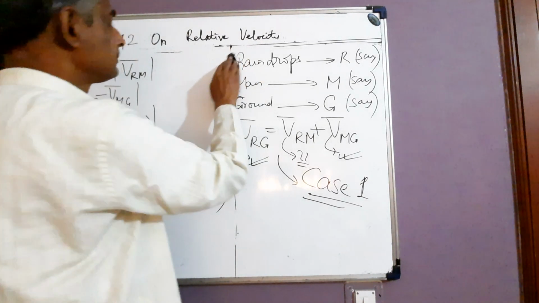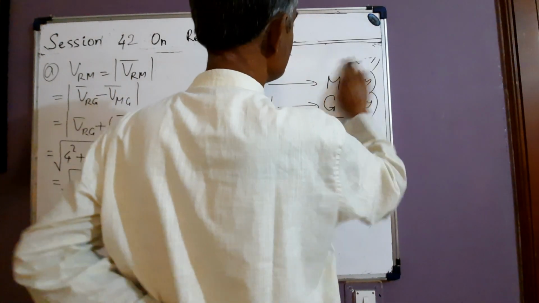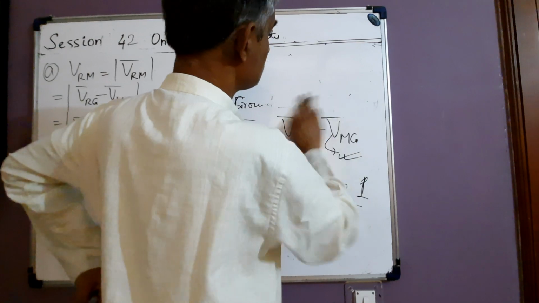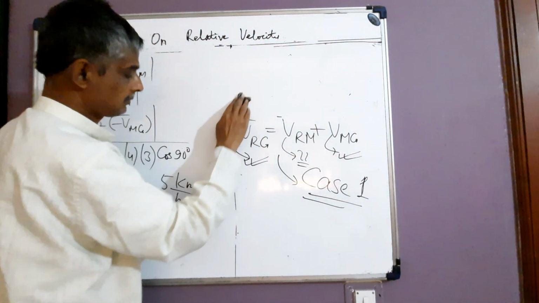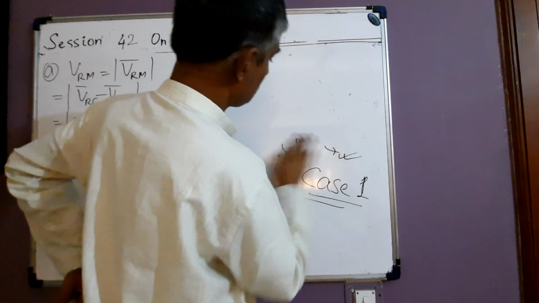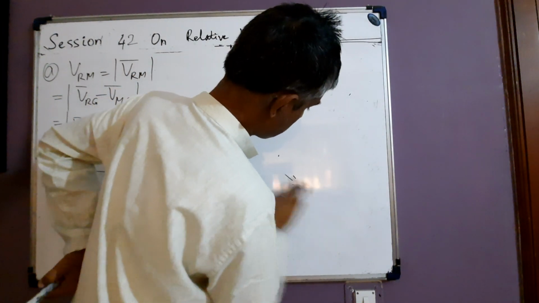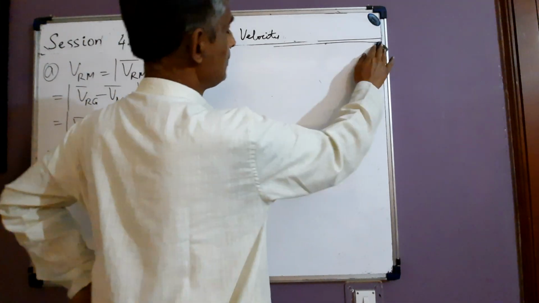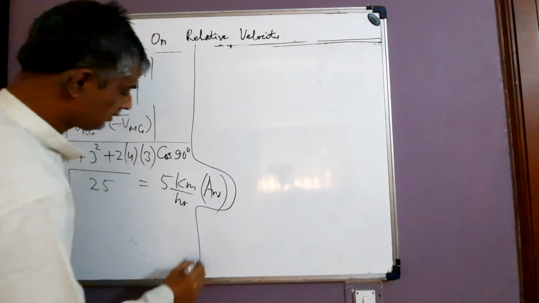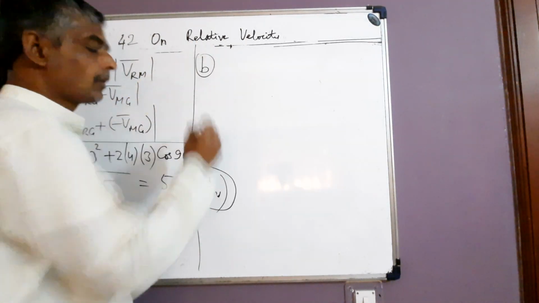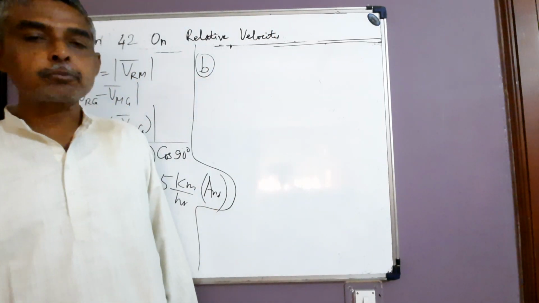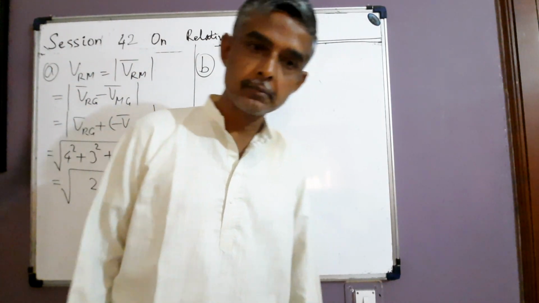I'll rub this, okay? Now part B of the question is, at what angle with the upward vertical should the person hold the umbrella axis so that he protects himself from the raindrop in the best possible way?